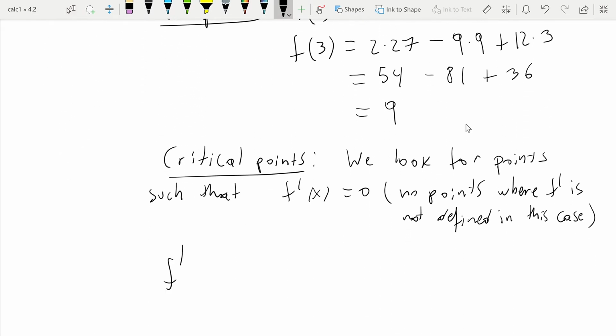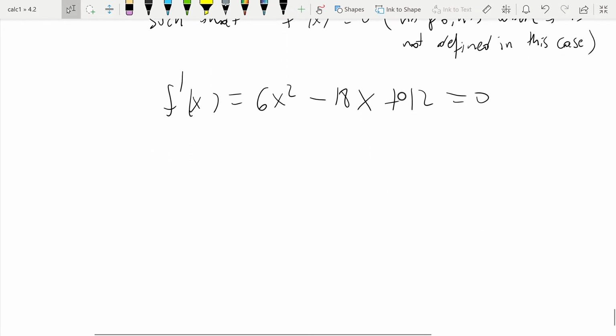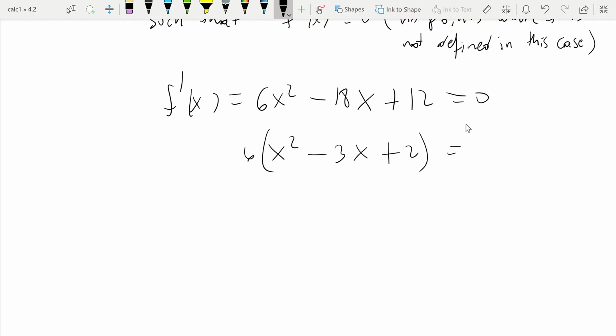So f prime of x is equal to 6x squared minus 18x plus 12, and we set that equal to 0. We see that we have a common factor of 6. So we can factor out 6: 6 times (x squared minus 3x plus 2), and we can divide by 6 on both sides.